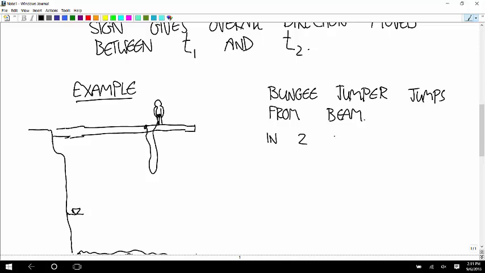So bungee jumper, in 2 seconds, he touches the water. It's not really ideal in bungee jumping, but it just makes me have to draw less landmarks. But he just touches it. He doesn't hurt himself.